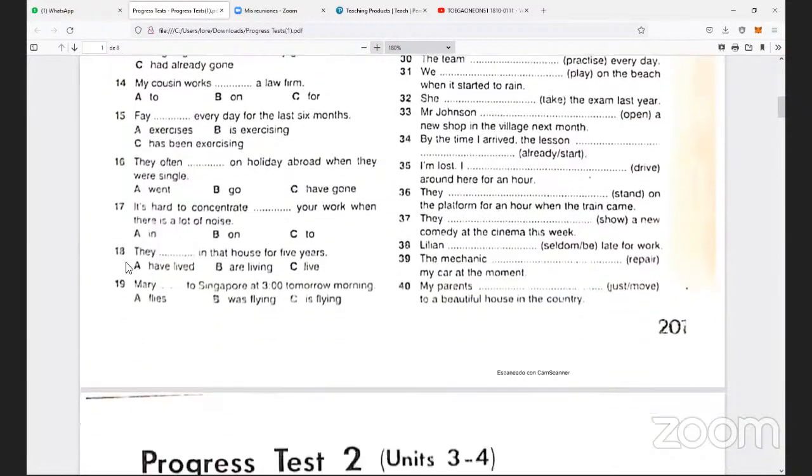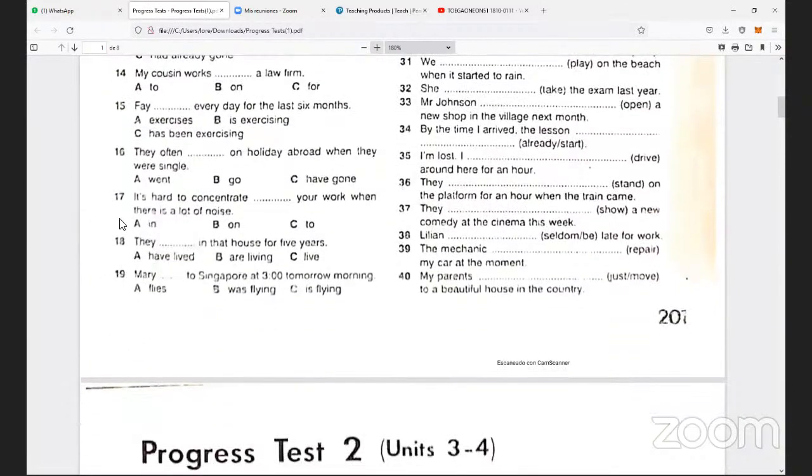Perfect. 17. It's hard to concentrate on your work when there is a lot of noise. Perfect. They have lived in that house for 5 years. They have lived. Perfect.